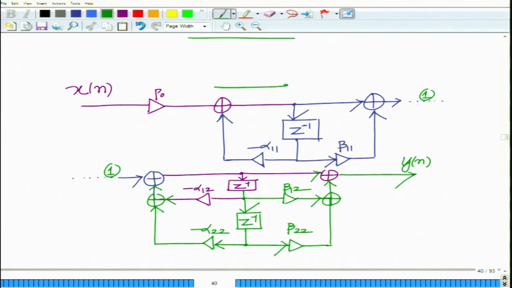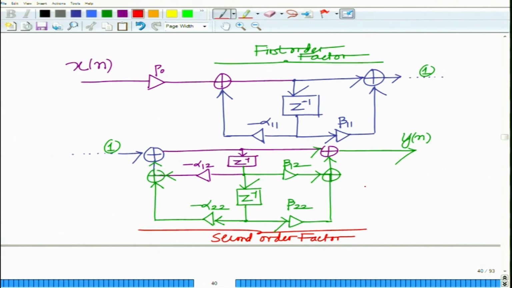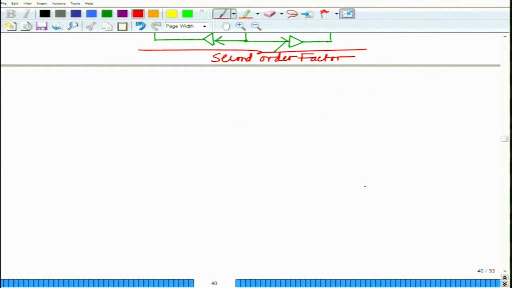This is the cascade, this is your first order factor, and this represents your second order factor. So, that basically shows the cascade form representation of the IIR filter structure.